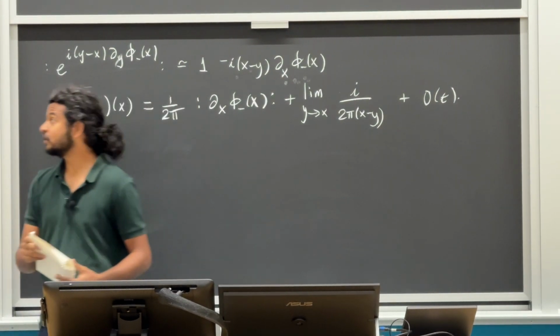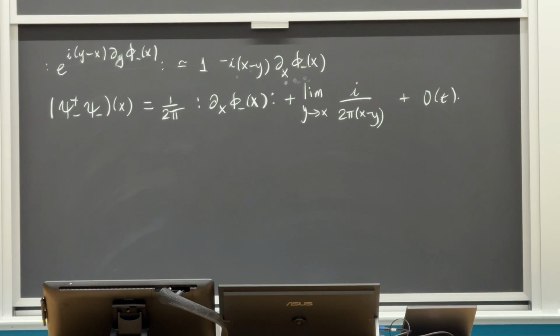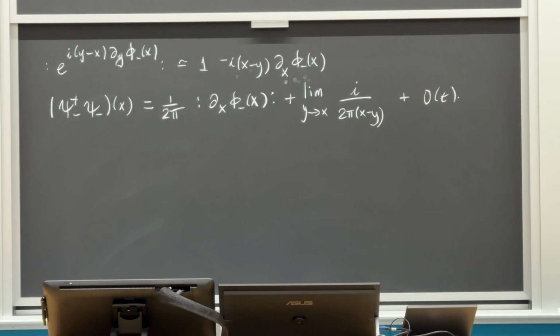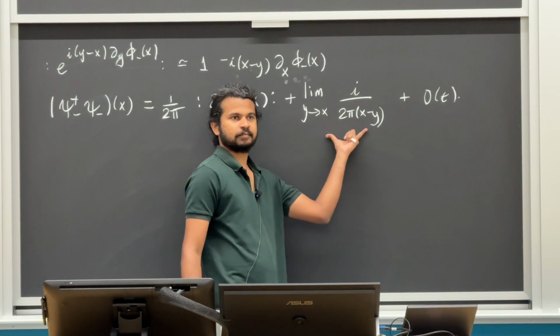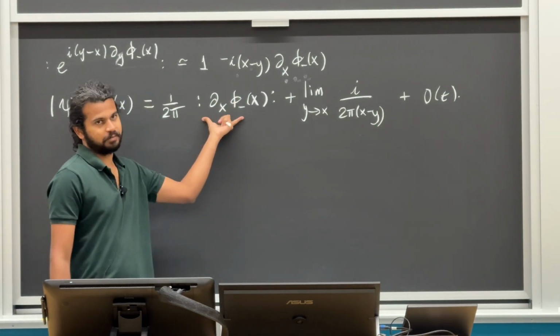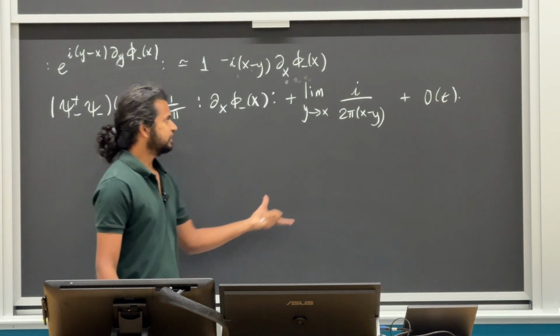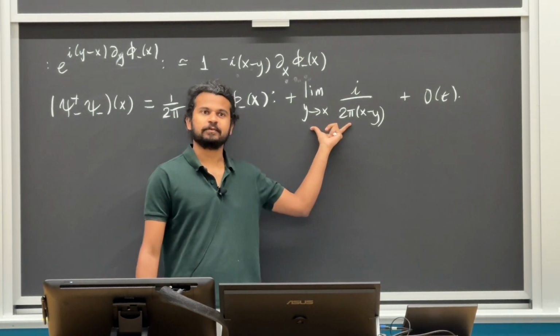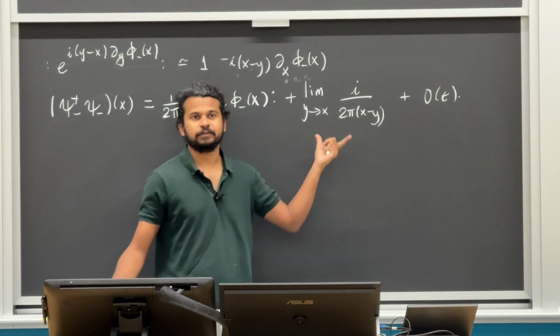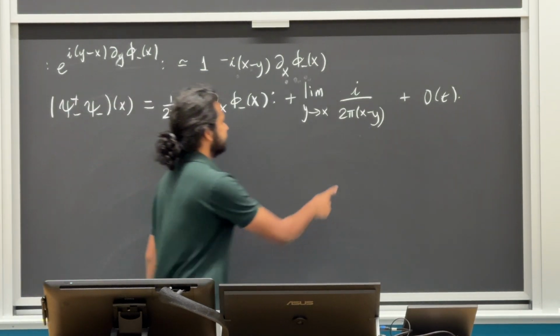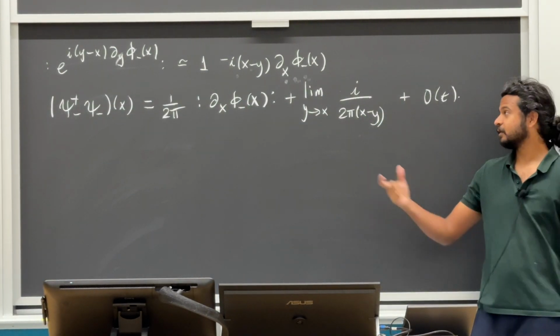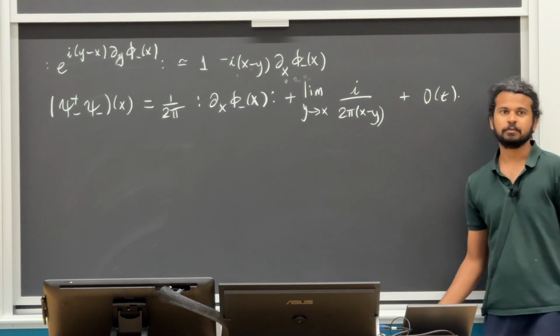If we did not do the point splitting, we wouldn't have a phi minus at y here, we would just have a phi minus at x here. What that means is that we would just have this term. This term we got because of the point splitting that we did. And this is the infinity that we saw even last time: when x and y are at the same point, a composite operator blows up.